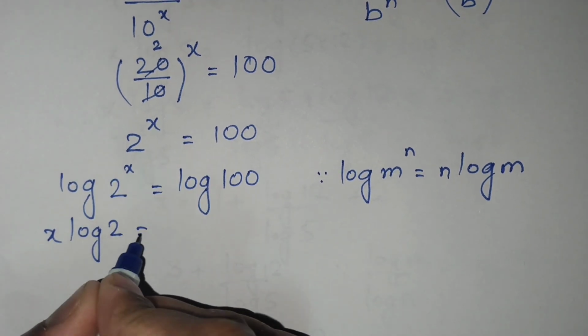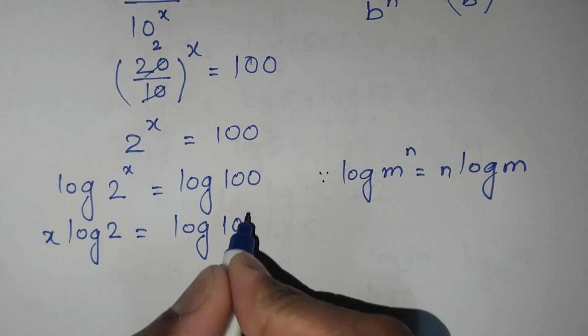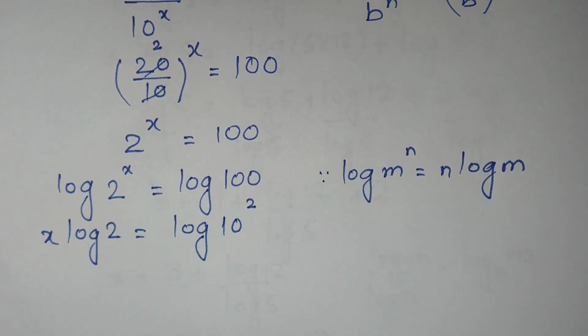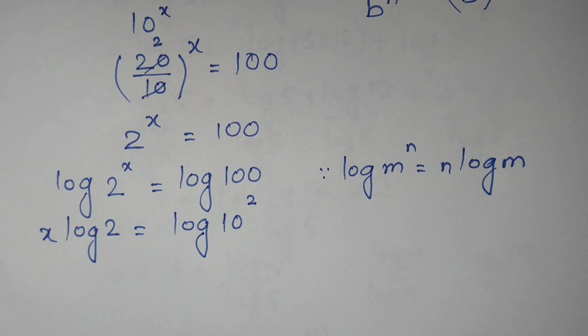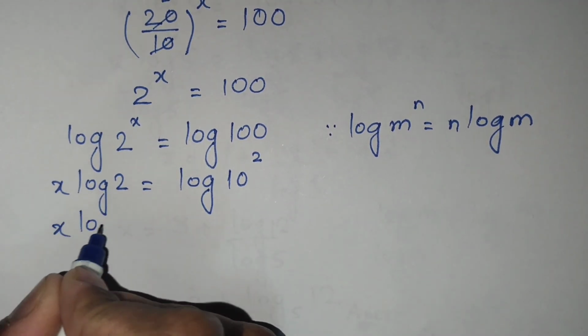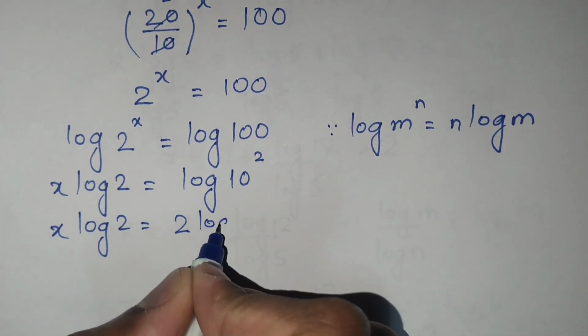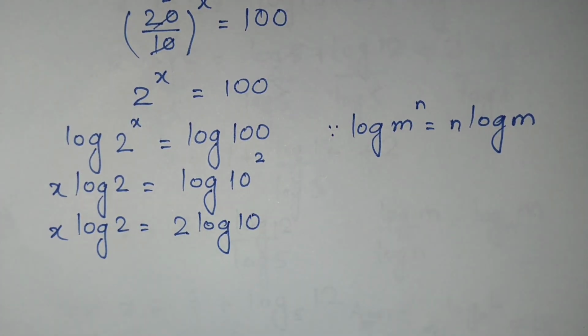So it will be x times log of 2 equals log of 100. We can write 100 as 10 square. Now on the right-hand side we will use again the power rule of log. x log of 2 equals 2 times log of 10.